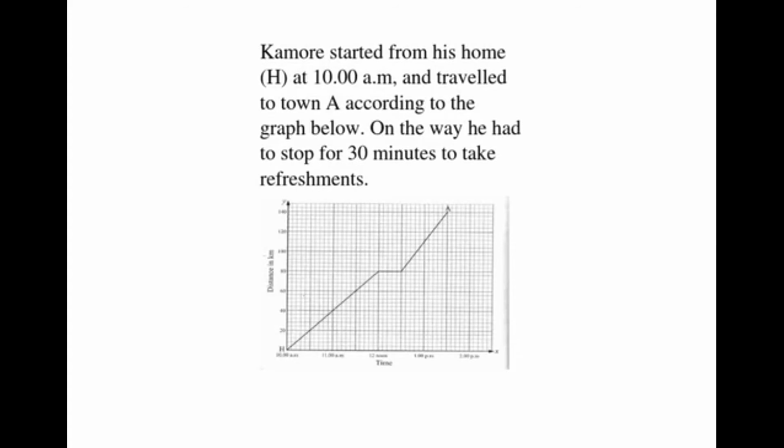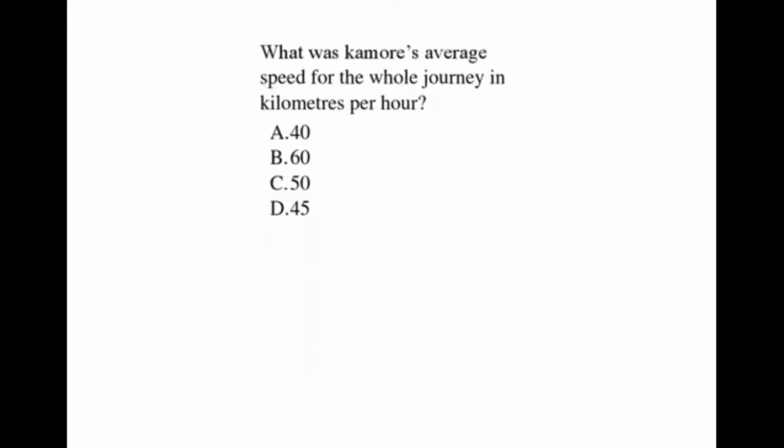Kamore started from his home at 10 a.m. and traveled to town A according to the graph below. On the way, he had to stop for 30 minutes to take refreshments. What was Kamore's average speed for the whole journey in kilometers per hour? Working.